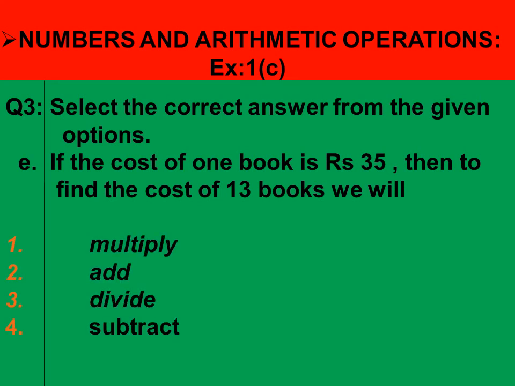The options are multiply, add, divide or subtract. So dear students, when in the statement the value of one is given and we have to find for more than one, we will multiply. Okay, this means that the first option is correct.